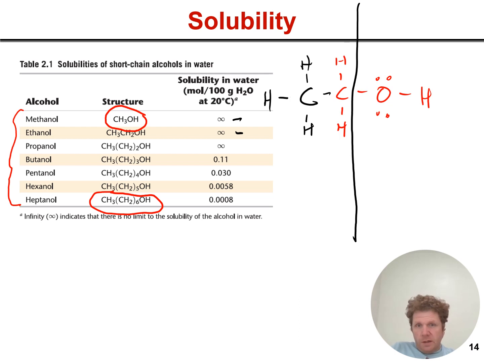So now what I can say is, all right, as long as 1/3 of my molecule is polar, then it's going to go into solution well. Okay, sounds good. And then if I look one more time at propanol, I see, oh, that also goes into solution well. So now I'm looking at something like this.